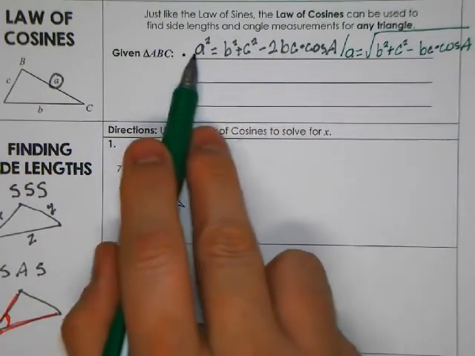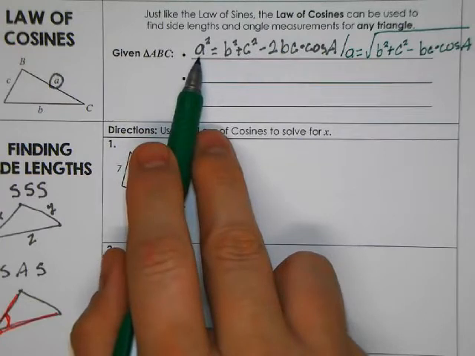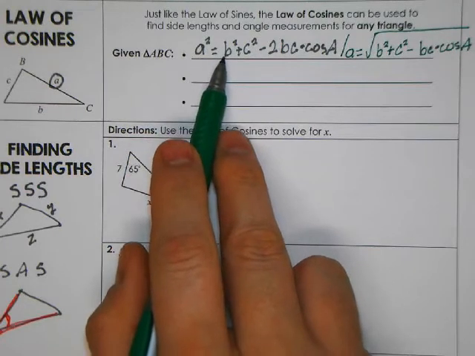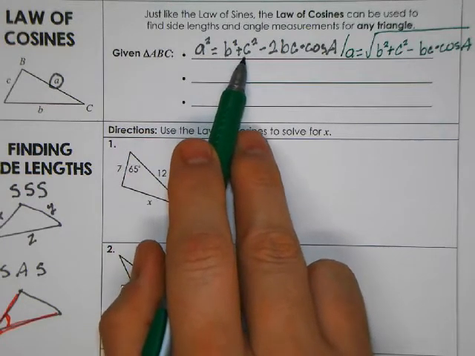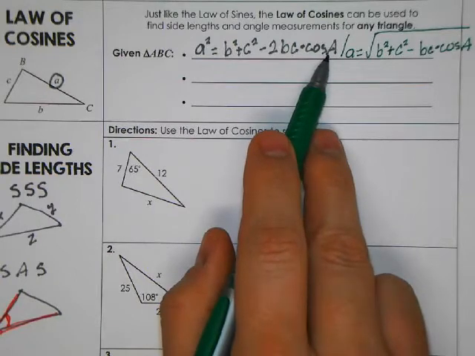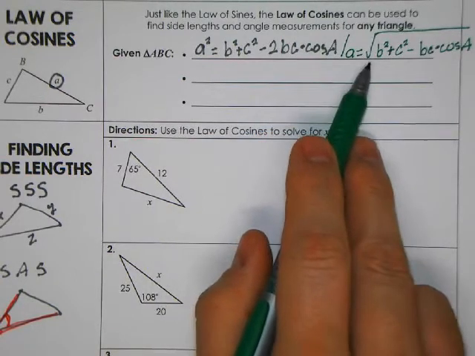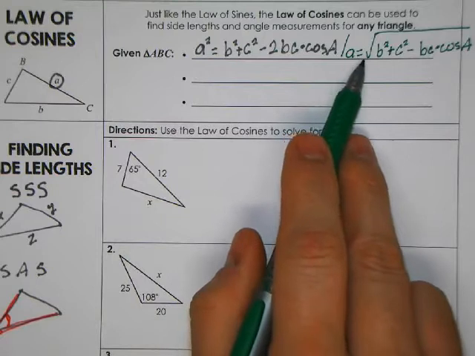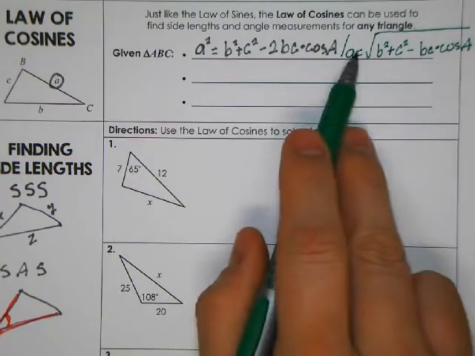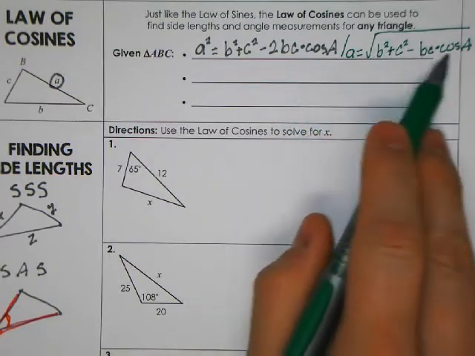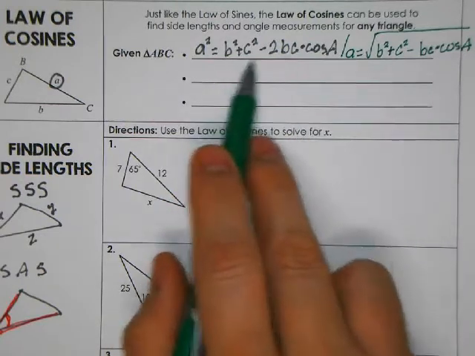But we could simply rewrite the law of cosines when we're finding side A. That's because they've given us side B and side C, and we know the measurement of angle A. We could just write it by taking the square root of both sides and write it in terms of A being equal to the square root of this expression. Whichever one you prefer.